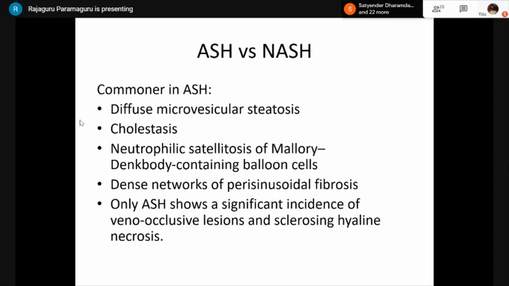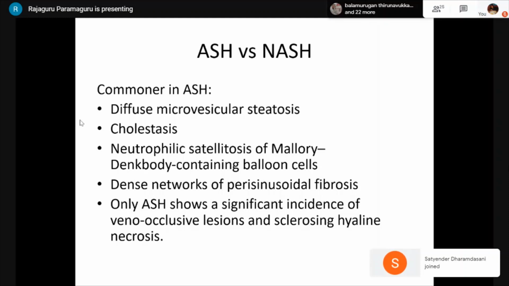Cholestasis is invariably seen with alcoholic steatohepatitis only. If you are having cholestasis in a non-alcoholic steatohepatitis, you will have to think of some other condition. Is there any associated autoimmune liver disease, or is it something related to drugs, or something cholestatic, that is obstruction, or something else? The patient may be having sepsis or so on.